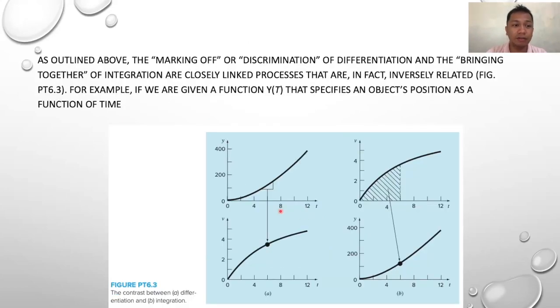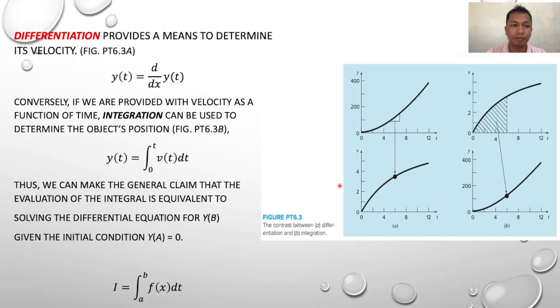As outlined above, the marking off or discrimination of differentiation and the bringing together of integration are closely linked processes that are in fact inversely related, that can be seen in this figure. So for example, if you are given a function y of t that specifies an object's position as a function of time, differentiation provides a means to determine the velocity.